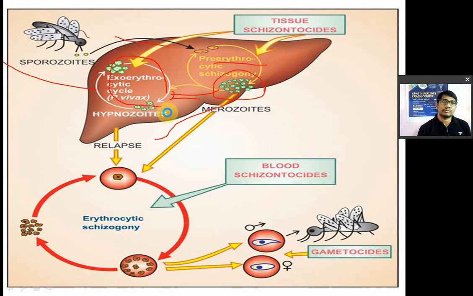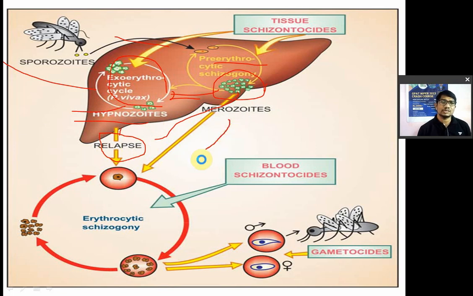When merozoites go into the dormant condition, they are known as hypnozoites, and when conditions become favorable, they will divide again and be released. So that's why malaria caused by Plasmodium vivax causes relapse of disease, but malaria caused by Plasmodium falciparum will not cause relapse of disease.